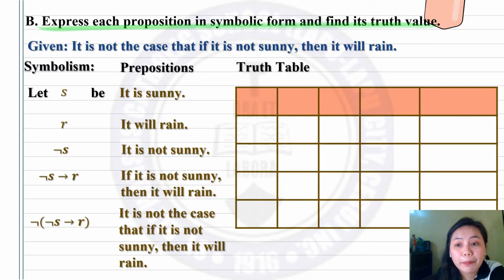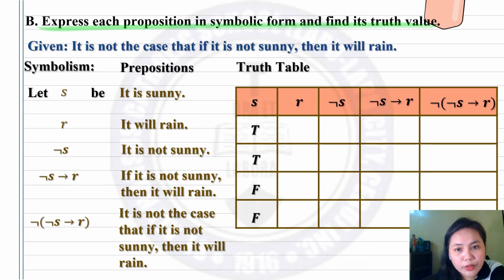So if we try to represent that into a truth table with 5 columns, S for the first column, R for the second column, negation of S for the third column, the implication of the negation of S and R on the fourth column, and then on the last column, the negation of the implication of not S and R. So, we represent our truth table in all possible combinations.